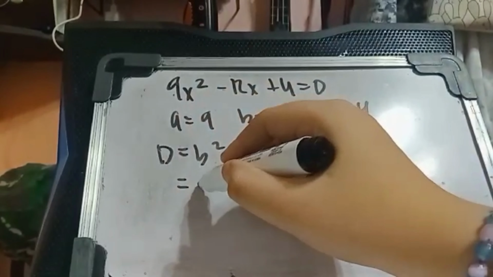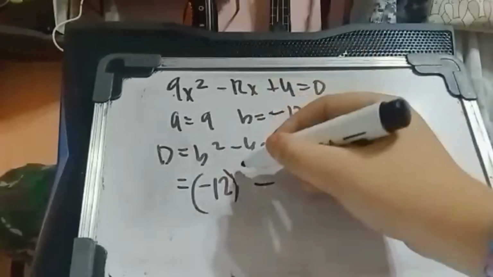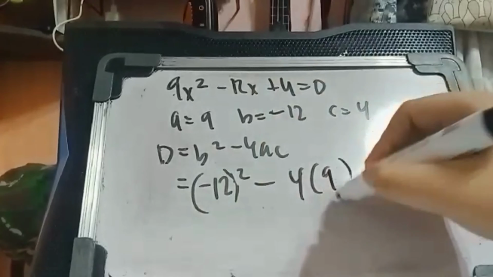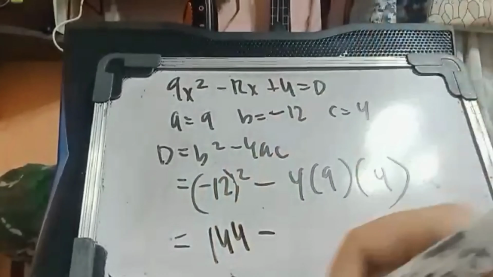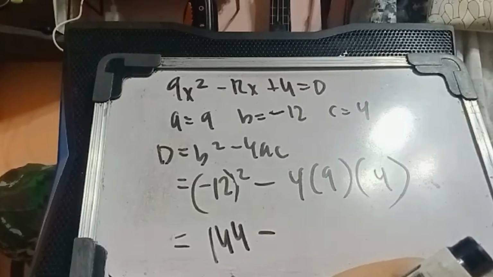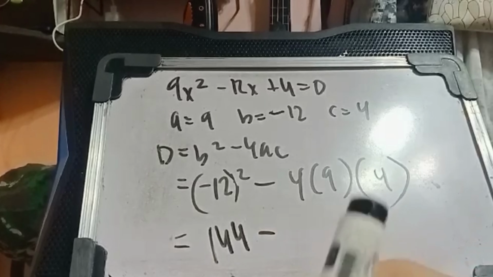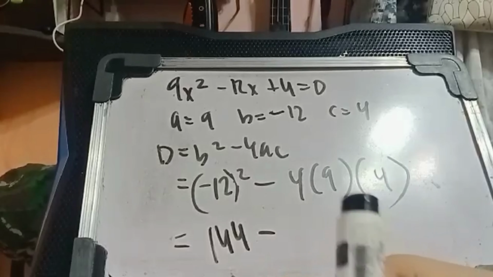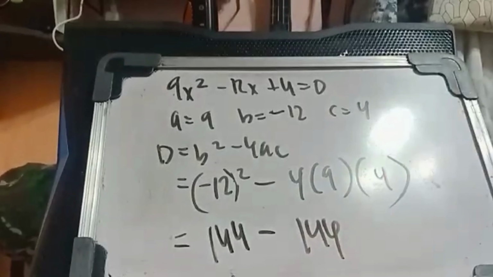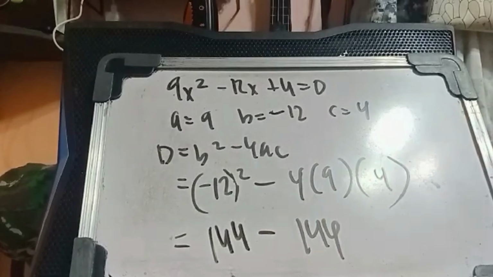Is equal to negative 12 squared and 4 times 9 times 4. 144. 4 times 9 is 36. 36 times 4. Magiging 144 din. So, ano yung magiging sagot niya? Magiging 0. Okay?